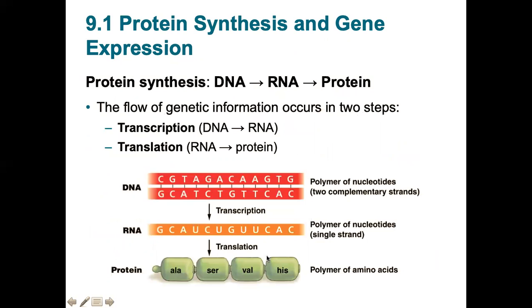And this is the process that you need to know. In fact, what would be great is if you could redraw this process and explain what's happening at each step. So you've got the DNA, and on the DNA you have your gene. And what happens is the strands get separated, and instead of copying another copy of DNA like we would do in DNA replication, there is a polymerase that copies onto the RNA.